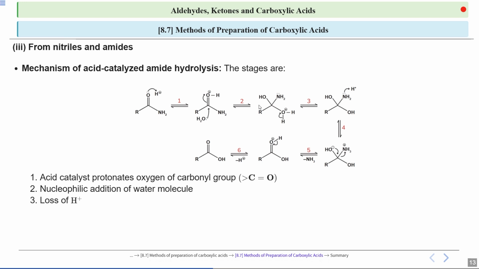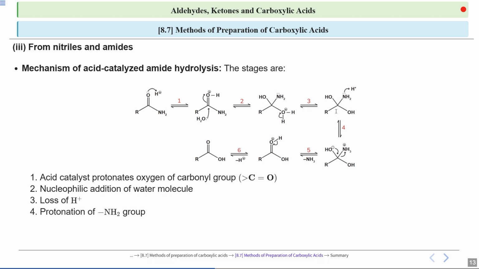Now the next step, after adding the water, is the loss of a hydrogen ion, or H plus. This stabilizes the intermediate formed in this step. You will see that oxygen gets a positive charge, and oxygen never loves a positive charge. So we lose one of the hydrogens, and finally you get this intermediate.